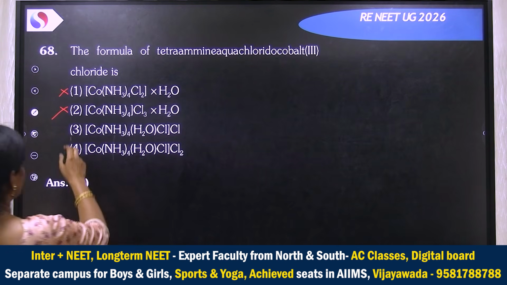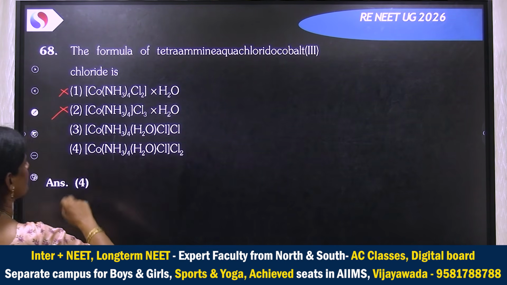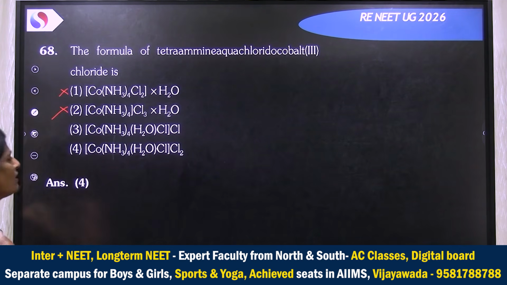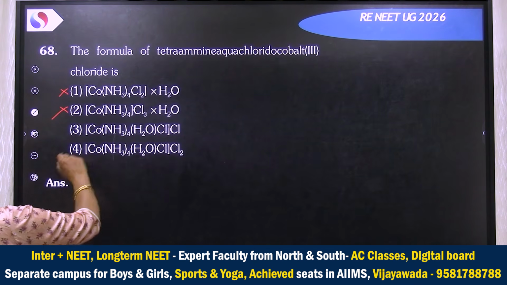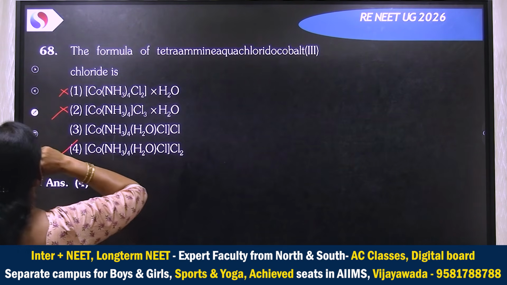If we take the third complex, the cobalt oxidation state is only +2. Whereas in the fourth complex, there are 3 chloride ions, so the oxidation state of cobalt becomes +3. So the fourth complex is the correct one, the correct formula for this name of the complex.